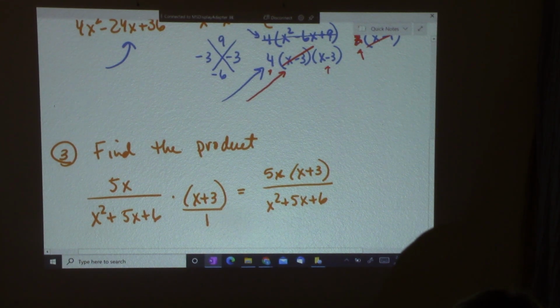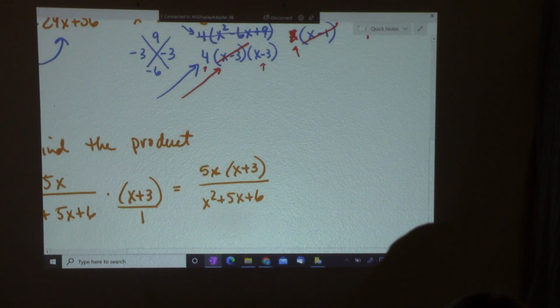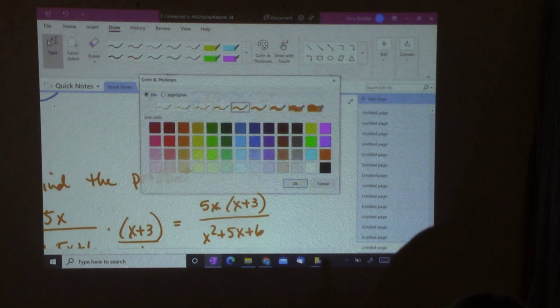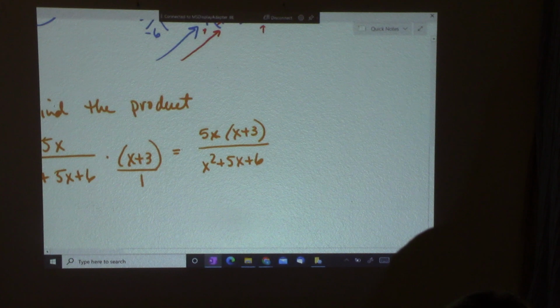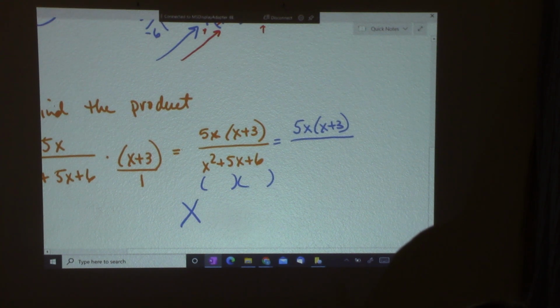Now, I can't do anything to the numerator, so I'm just going to factor out in the denominator. So I'm going to rewrite this over here. Now, here I've got a trinomial. I'm going to use magic x. So what multiplies to be 6 and adds to be 5? 2 and 3.